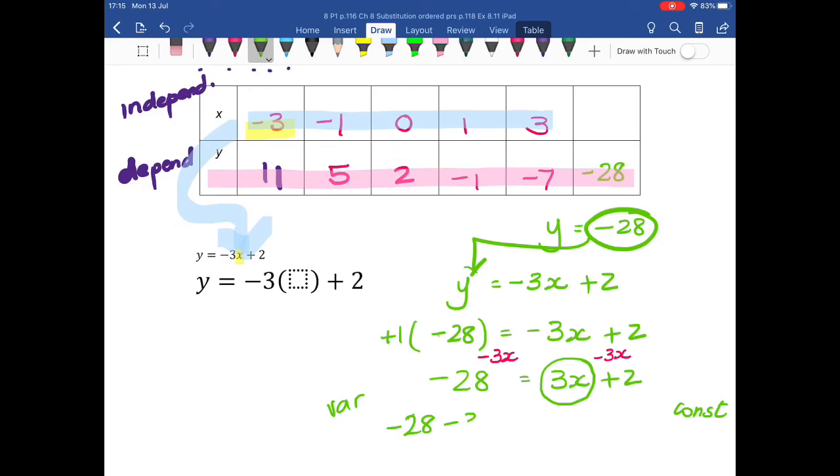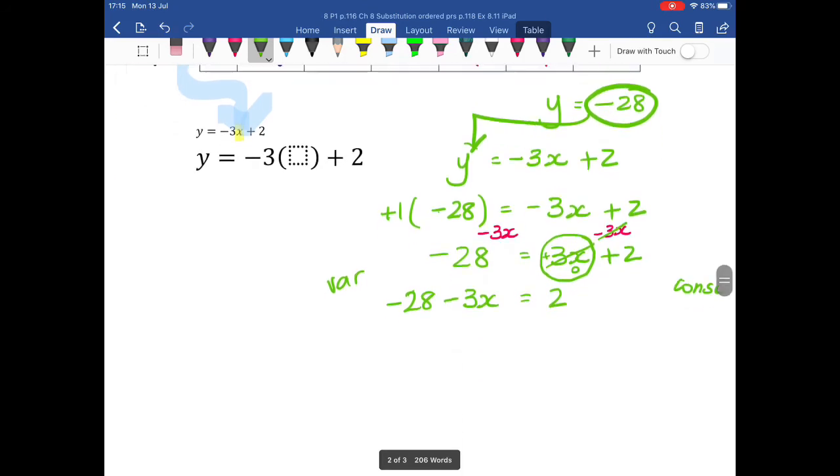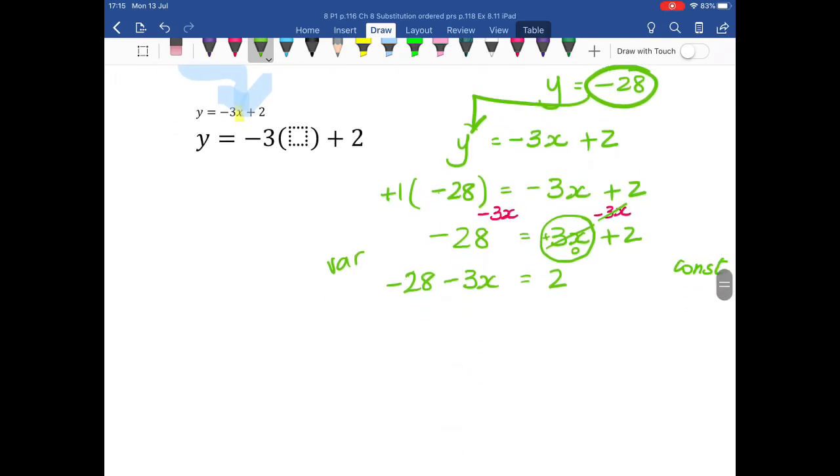-28 minus 3x equals, we're balancing equations, a plus 3x minus 3x gives me 0. That's what I was planning to do. And then I've got 2 or plus 2. Right. I now have my variables on the left, but I now have to put my constants or my numbers on the right. So that is my problem at the moment.